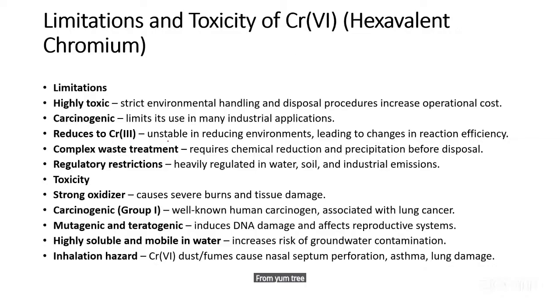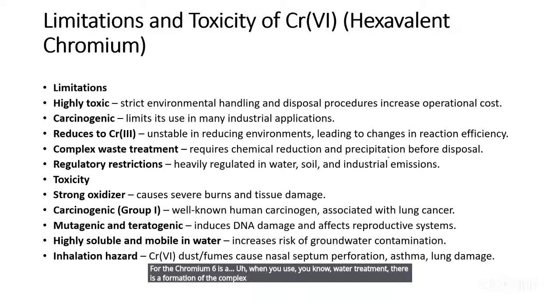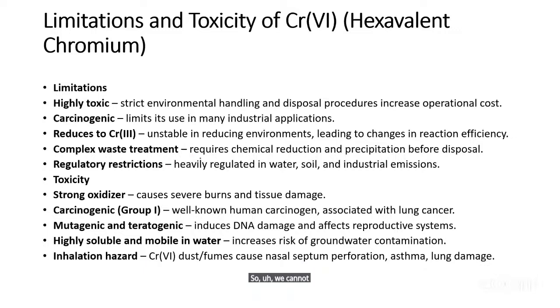Hence, it is not stable, so the reducing environment changes its efficiency. Another limitation of chromium 6 is that when you use it in water treatment, complex precipitation takes place. So we cannot use chromium 6 directly in water treatment.